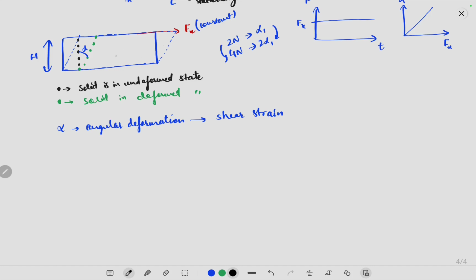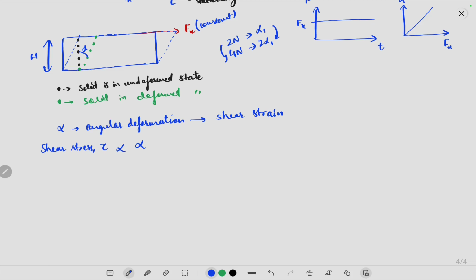To quantify this, we define shear stress tau inside the solid, that has been observed to be proportional to this alpha.